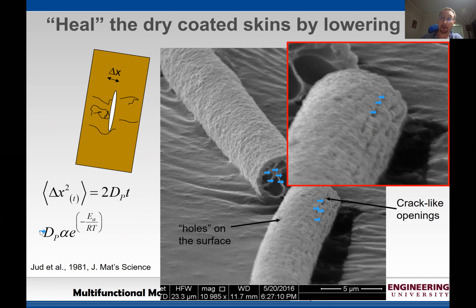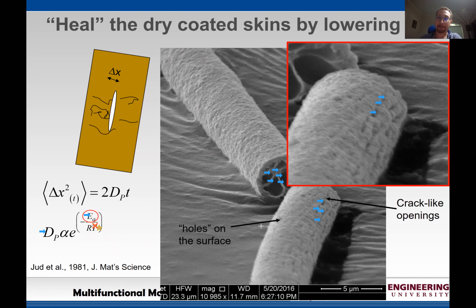But then if you look here, I only have two parameters, the activation energy and the temperature. And we said that temperature in this case is a no-no. We cannot increase the temperature.